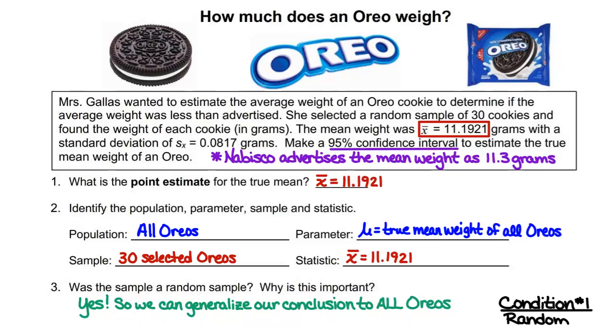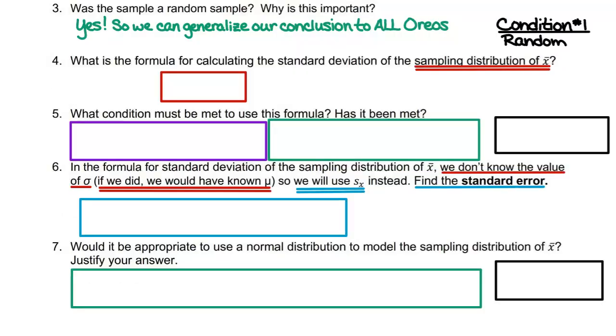What is the formula for calculating the standard deviation of a sampling distribution of X bar? Yes. Sigma of X bar, sigma is what we use for standard deviation, is equal to sigma.